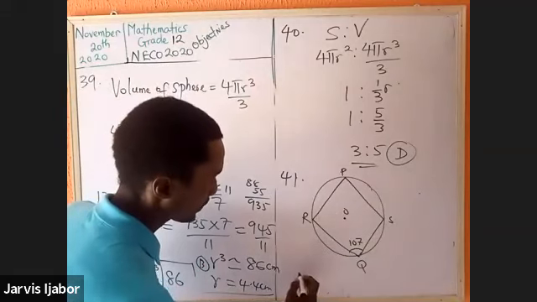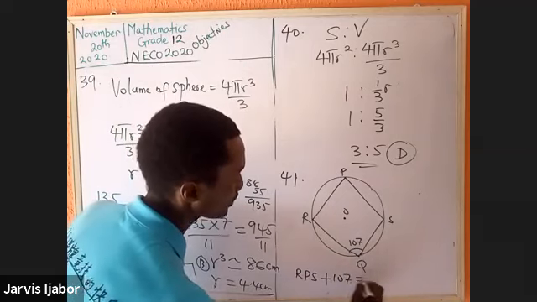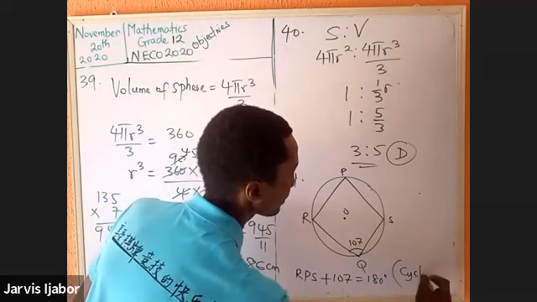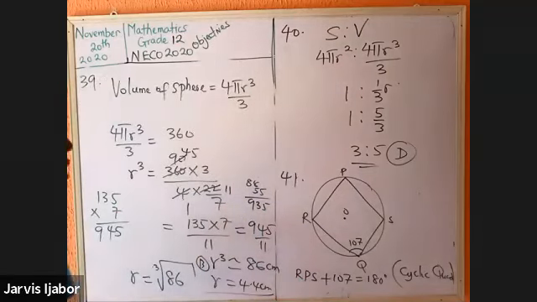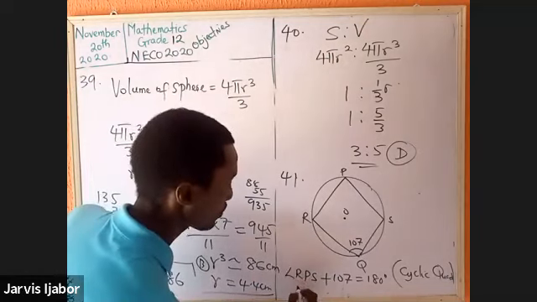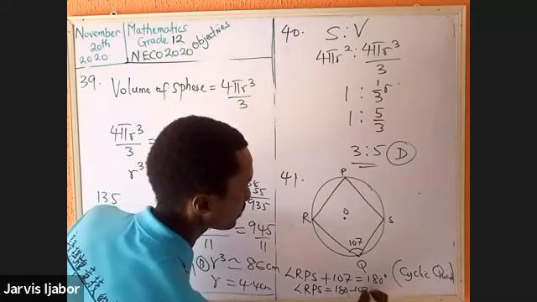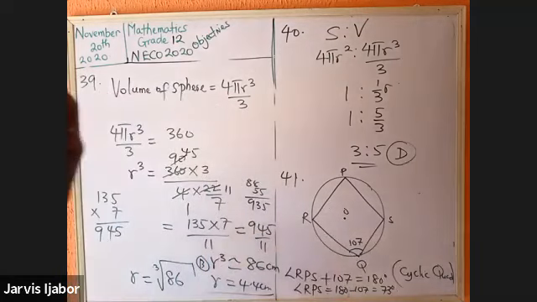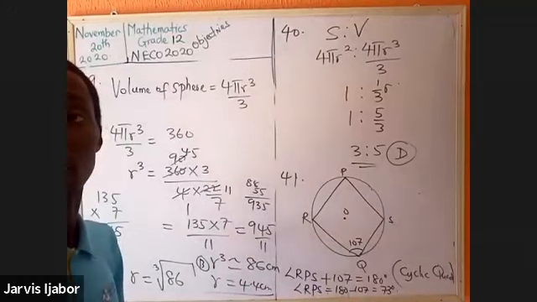For a cyclic quad, angle PS plus 107 is equal to 180 degrees. What's the reason? Cyclic quad. You don't need to bother yourself so much. So straight away, angle PS will be equal to 180 minus 107, which is 73 degrees. So that's that for that. So these questions are very, very straightforward.